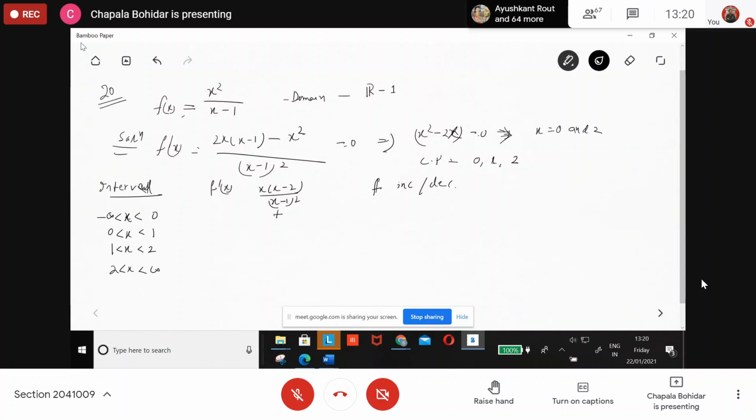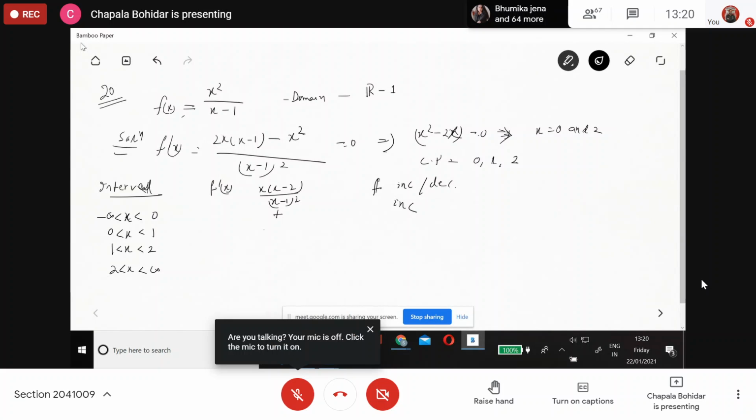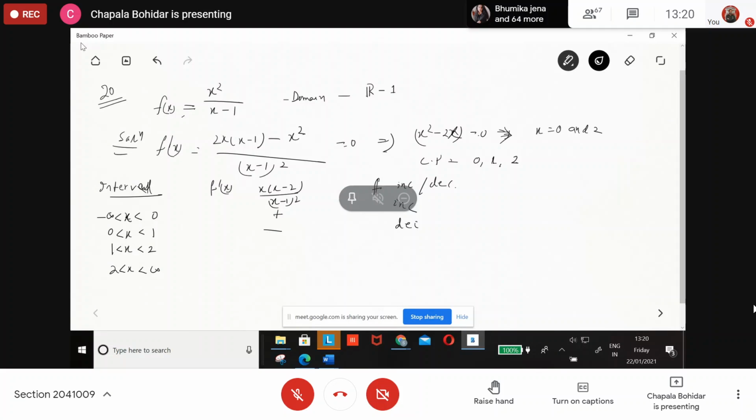So it is positive, and f is increasing. Then 0 to 1, negative, so it is decreasing. Then 1 to 2, negative. 2 to infinity, positive.